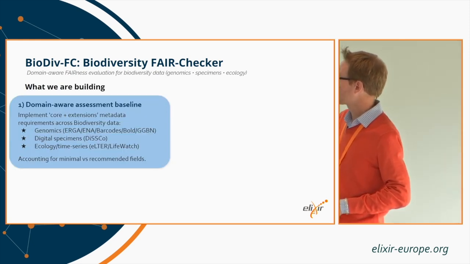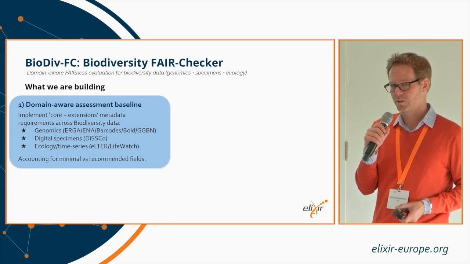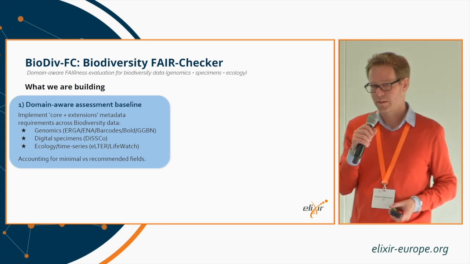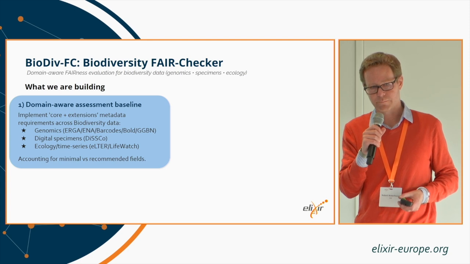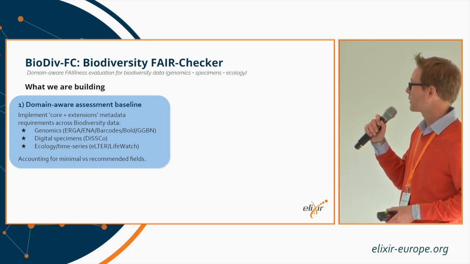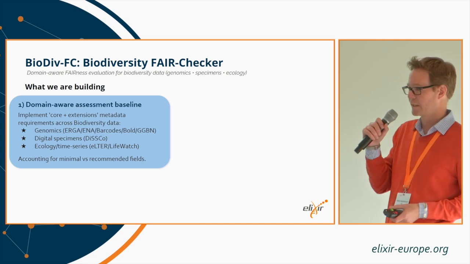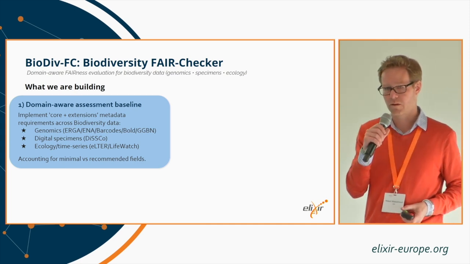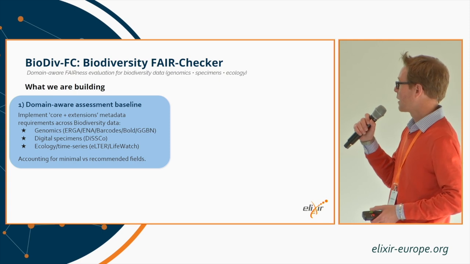And so what we're building is firstly this kind of domain-aware assessment baseline, where we're defining essentially key attributes, if you like, that should be present for different types of biodiversity data, from the genomics to the digital specimens to even ecology and time series data.